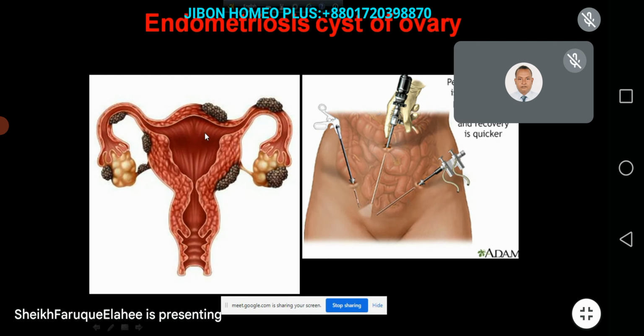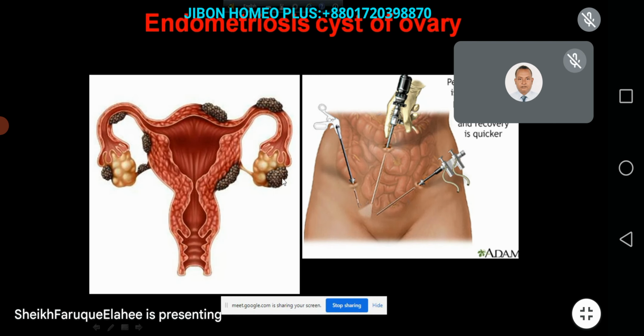So you see, during menstruation there should be bleeding from the inside of the uterus. But because this uterine epithelium is outside here, when there is menstruation there will be blood here. Also, some blood will be discharging from here. Now what will happen?